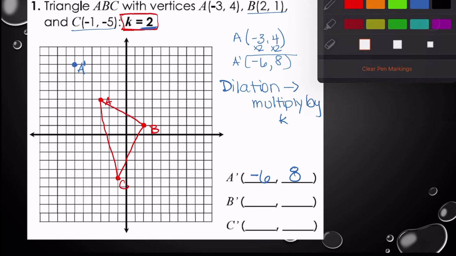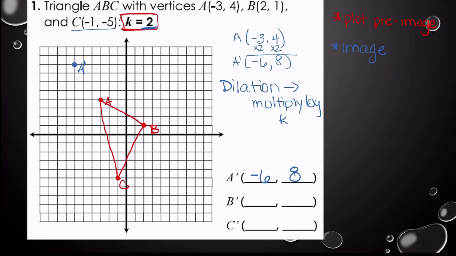So how do I do this? Well, I'm going to multiply. 2 times 2 is 4. 1 times 2 is 2. So my B prime becomes (4, 2). We'll go right 4, up 2. There's my B prime. And then I do the same thing with C. -1 times 2 is -2. -5 times 2 is -10.